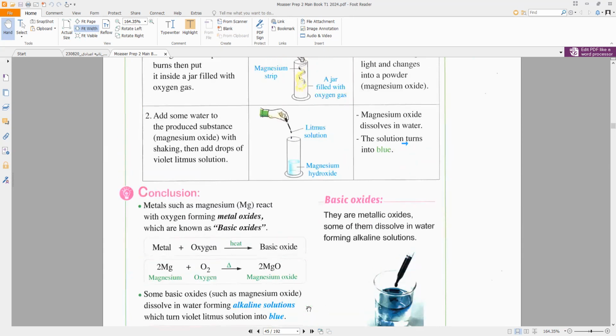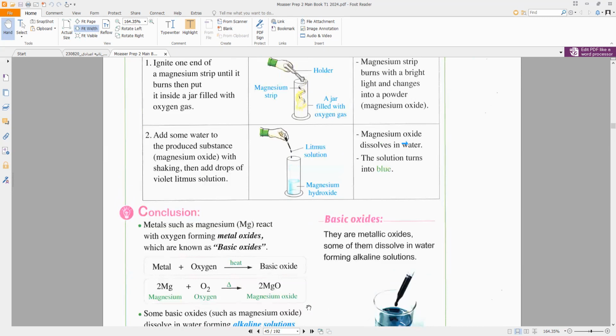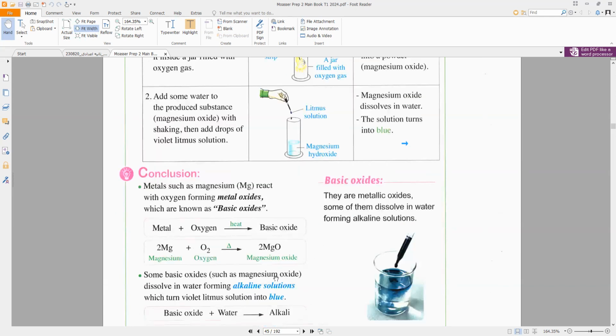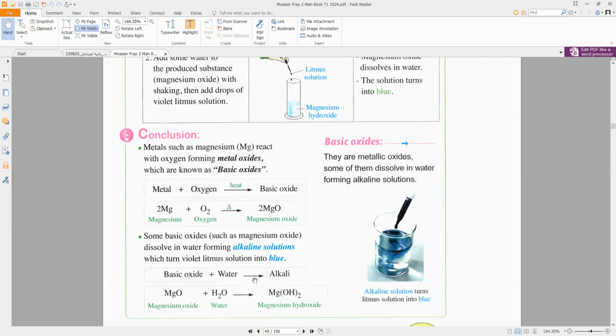How do we know it's a base? We can test for base or acid, as we study, with litmus solution. We studied litmus paper, but there is another example, litmus solution. Litmus solution changes color when we add it to the compound. The litmus solution has a violet color.